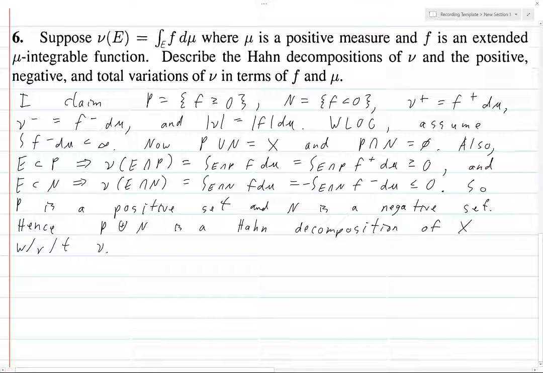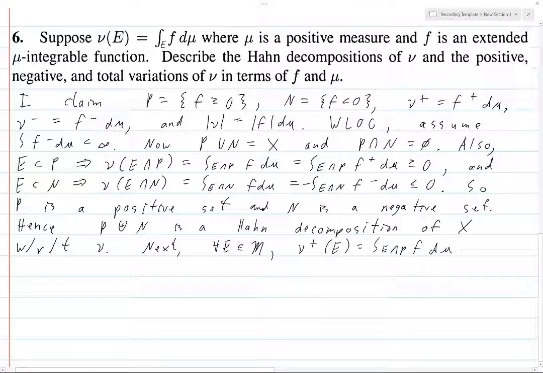Alright, let's move on. Next, for all subsets E belonging to our measurable subspace, here we have nu plus of E. What is this? This is just the integral of E intersect P of f d mu. And what is that? Here, of course, we can write this as the integral over E intersect P of f plus d mu.